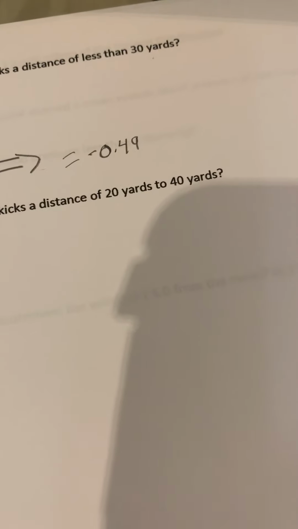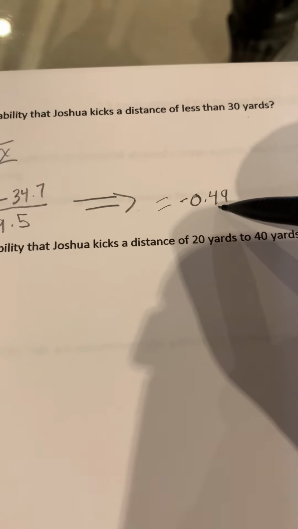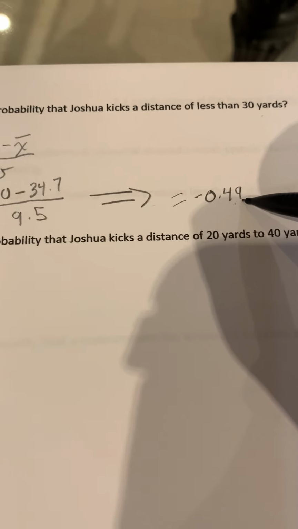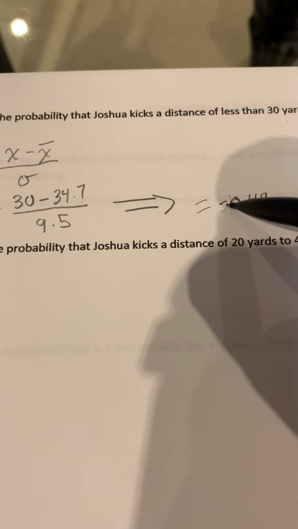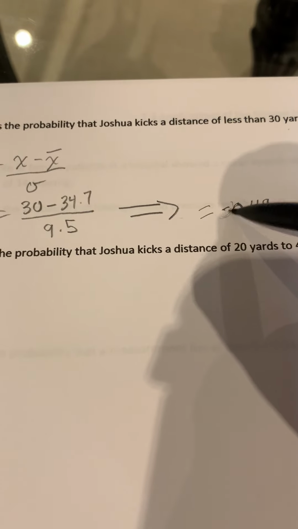So this tells us that 30 yards is 0.49 standard deviations lower than the mean, because it's a negative.